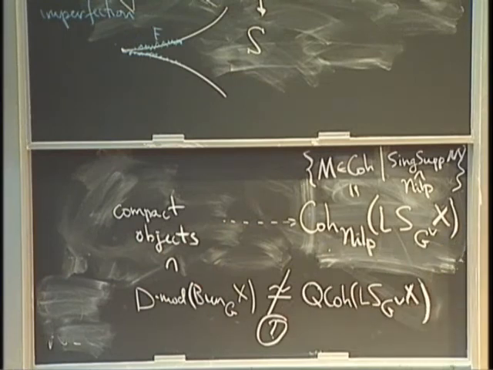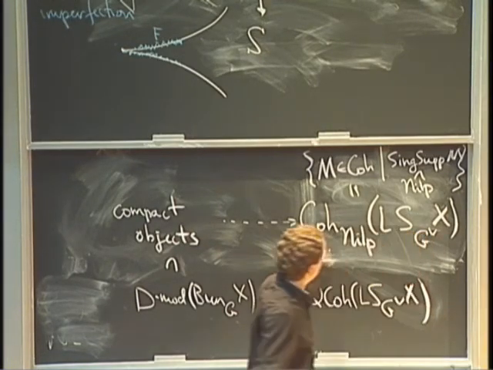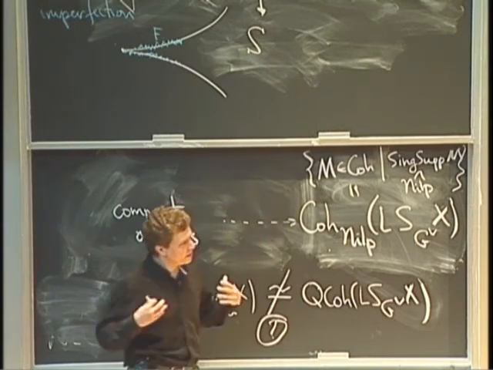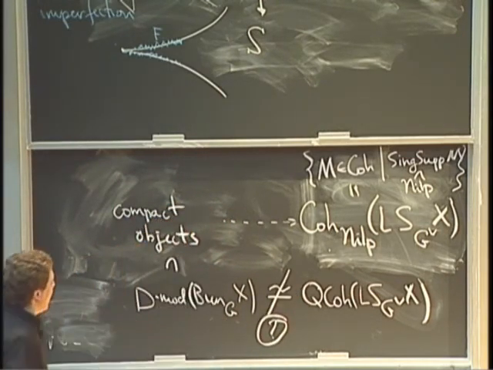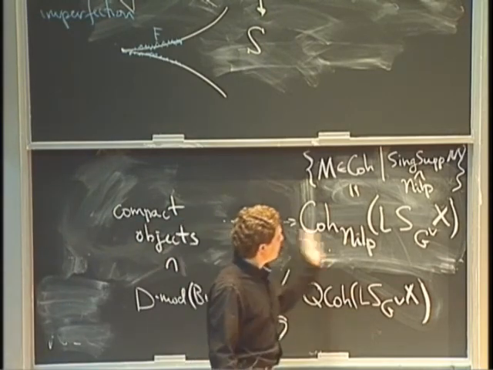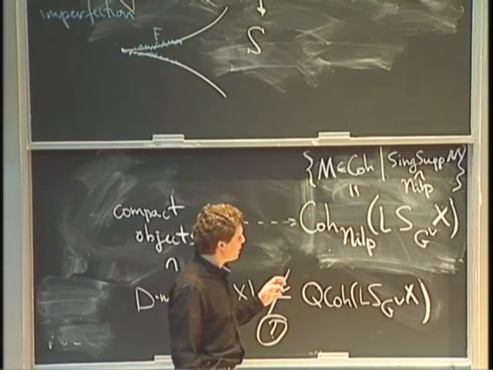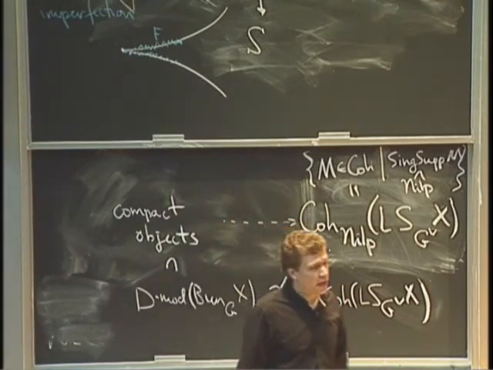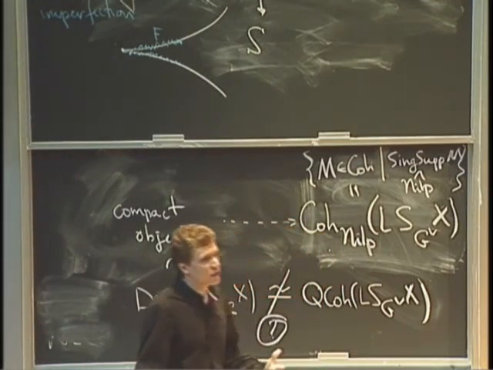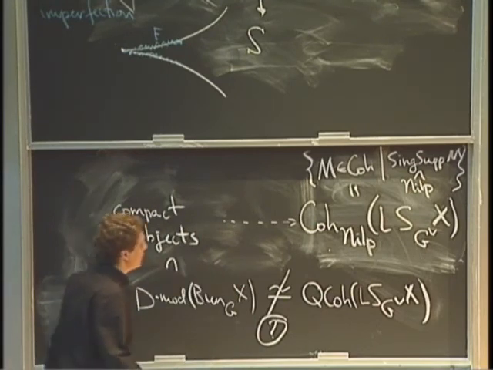Our problem, at least the problem with the naive formulation, was that it wasn't compatible with the Eisenstein series functors. And now I claim that this category is compatible with the Eisenstein series functors. And in fact, it's the smallest possible category with this property.